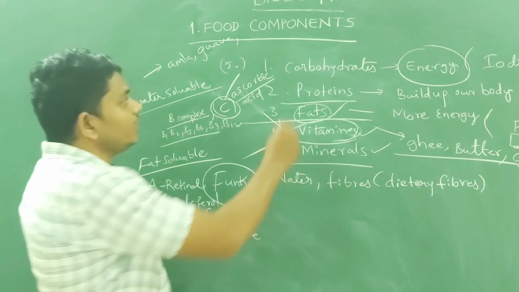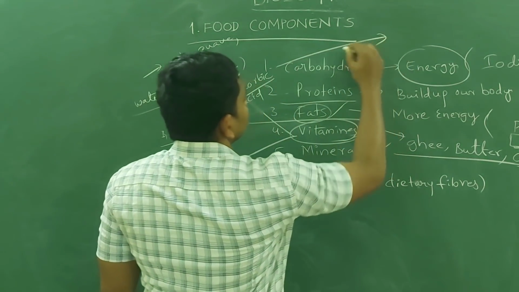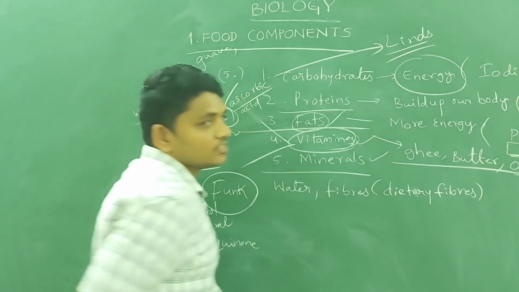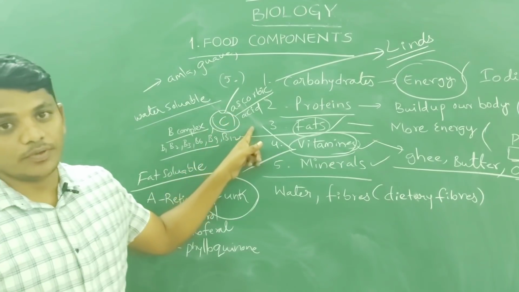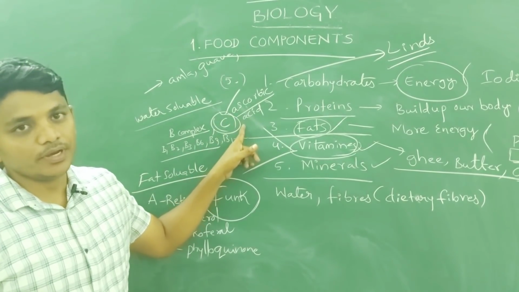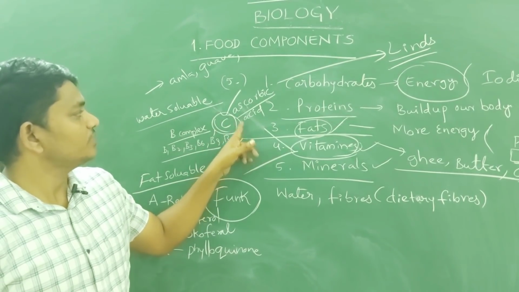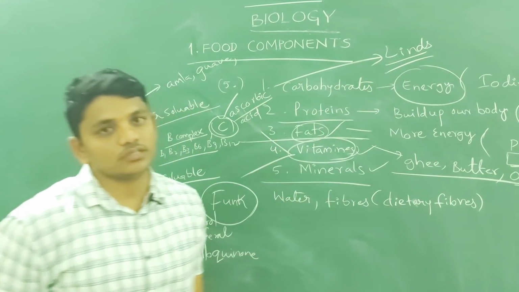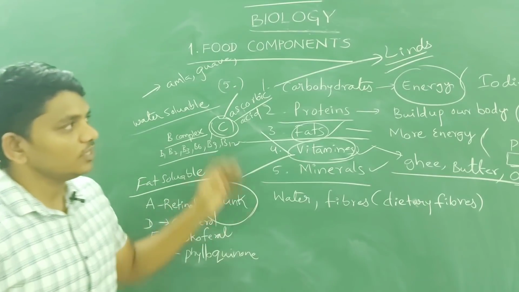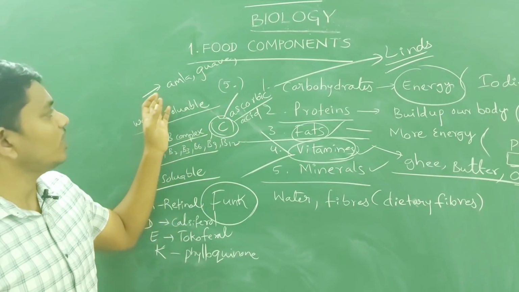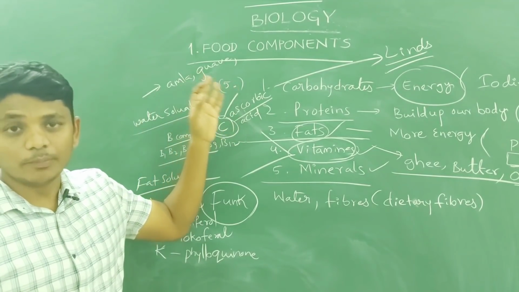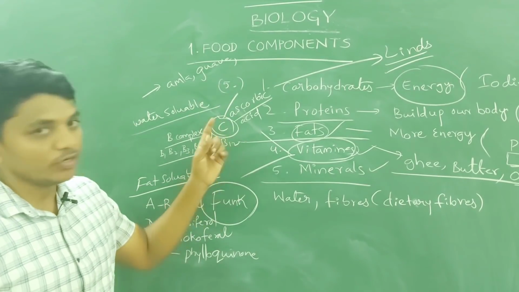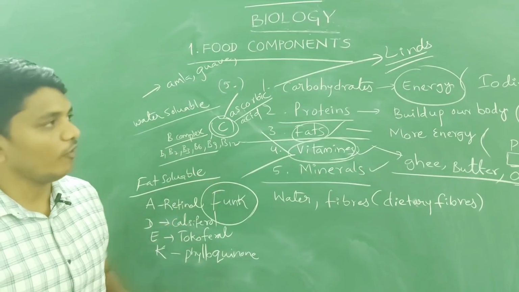C vitamin, whose scientific name is ascorbic acid, was discovered by the scientist called Linz. C vitamin is widely available in amla, guava, mango and tamarind. So pulpy materials contain C vitamin in very rich quantity.